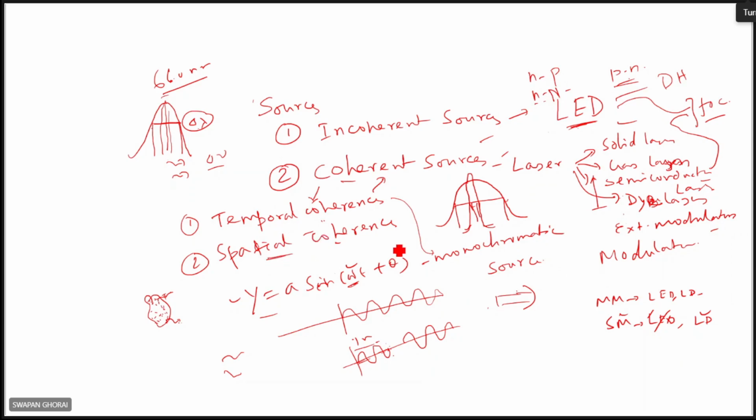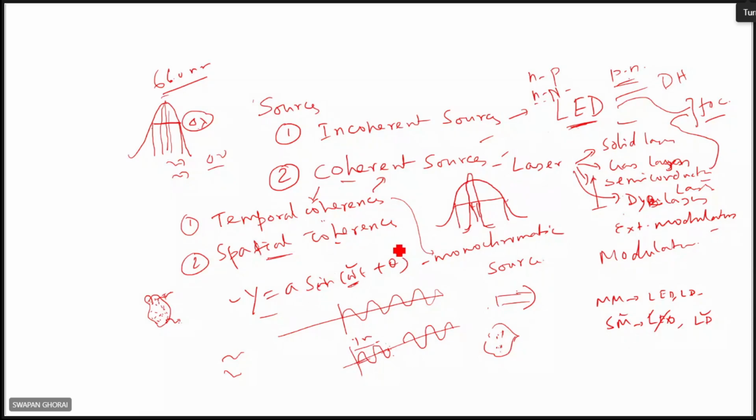Spatial coherence is related to the distance among those point sources just mentioned. The distance would be such that a definite phase relation will exist, right? So that is the spatial coherence.